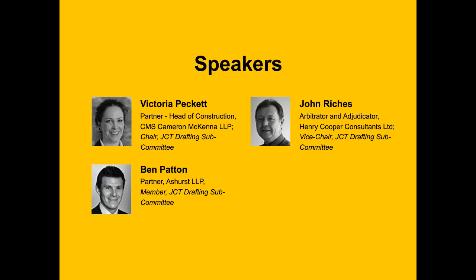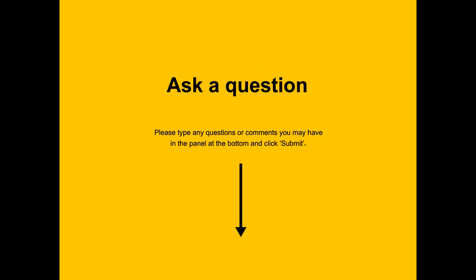Okay, so the contractual obligation is don't unreasonably withhold or delay consent. So if someone unreasonably withholds or delays consent, that on the face of it will be a breach of contract. Most times that is going to be a problem for the contractor who's expecting something to come out of the employer or his team.